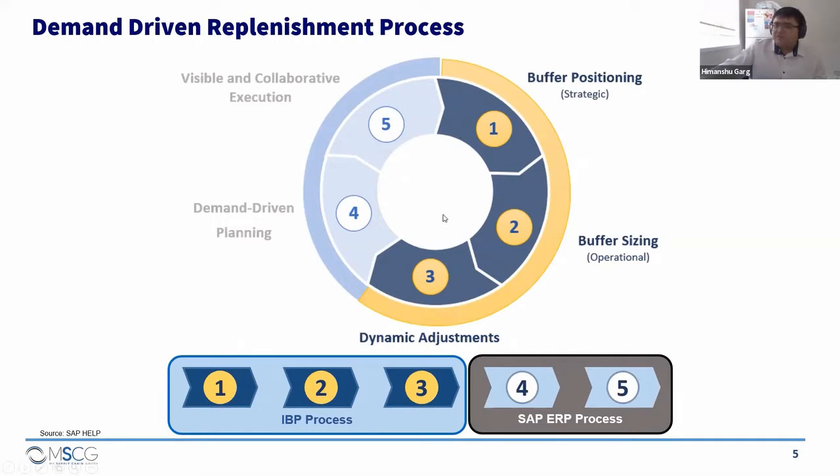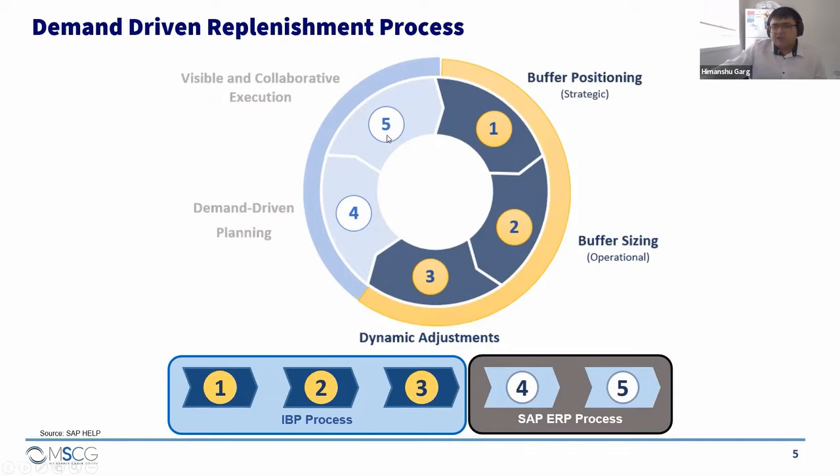And the first 3 steps are entirely driven out of SAP IBP. The 4th step, which is planning, is managed in SAP ERP or SAP S/4HANA system. The 5th step can be managed in S/4HANA to some extent, but IBP is the tool of choice to manage this 5th step.